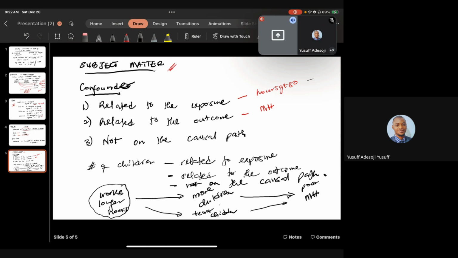So finally, can anyone tell us if we think the number of children is a confounder of the hours greater than 80 and mental health relationship? Caroline, you haven't spoken today.